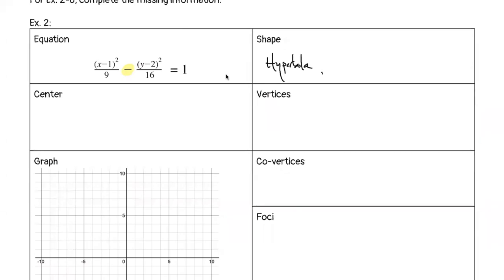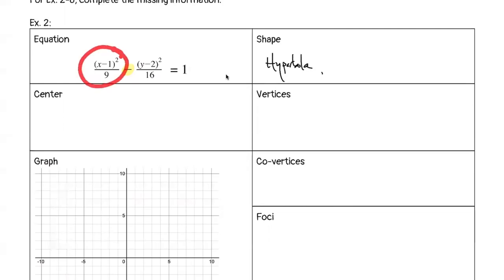Now, in particular, is my hyperbola opening up sideways or is it opening up and down? And what tells you which way? Good.